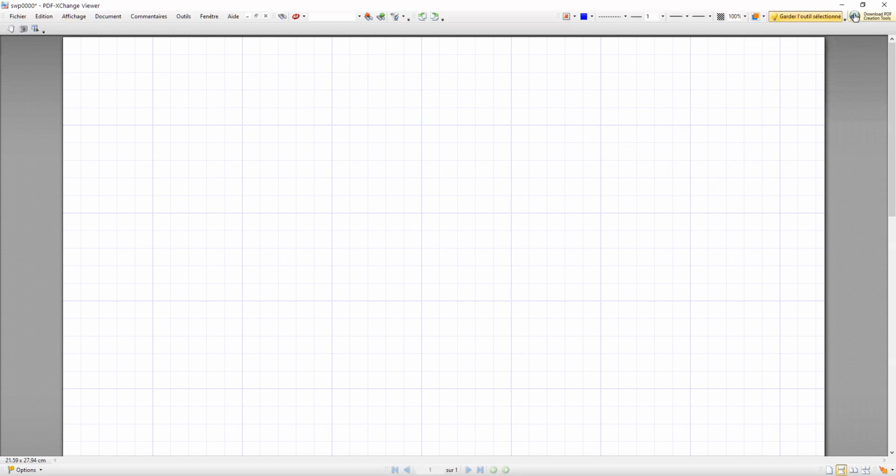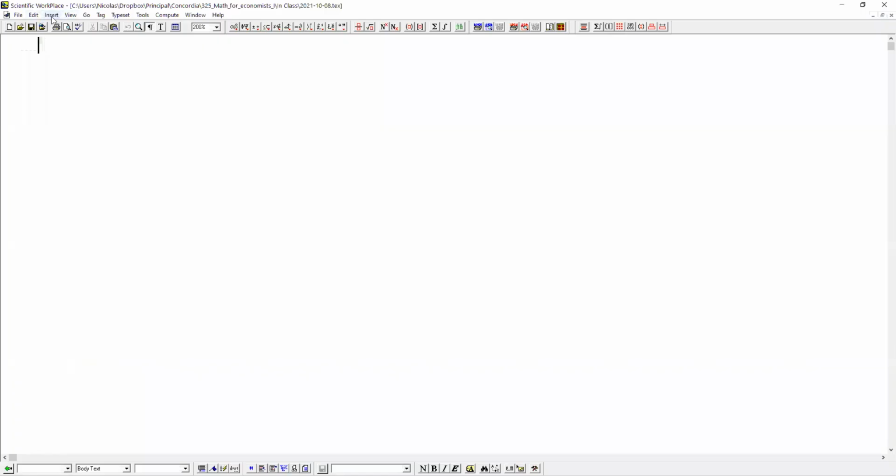And the thing I use for math, which I'll go back to, is Scientific Workplace. It was the glory days maybe 10, 15 years ago, but now it's rather shameful to tell people you're using Scientific Workplace. Normally you would use LaTeX or some other program.